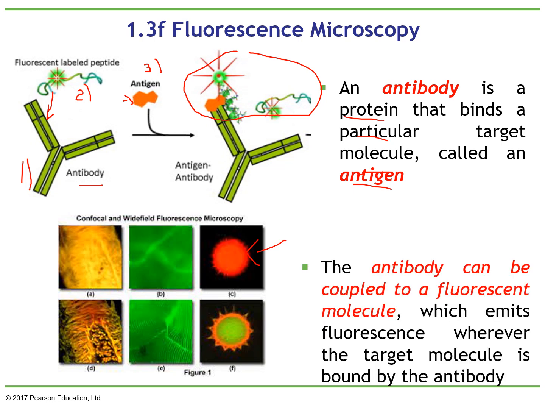Then the antibody can be coupled with a fluorescent molecule, and in that way we can outline any specific part of the cell. We can go and attach it and see specifically, if you want to outline the cell, the microtubules, the chromosomes, etc.